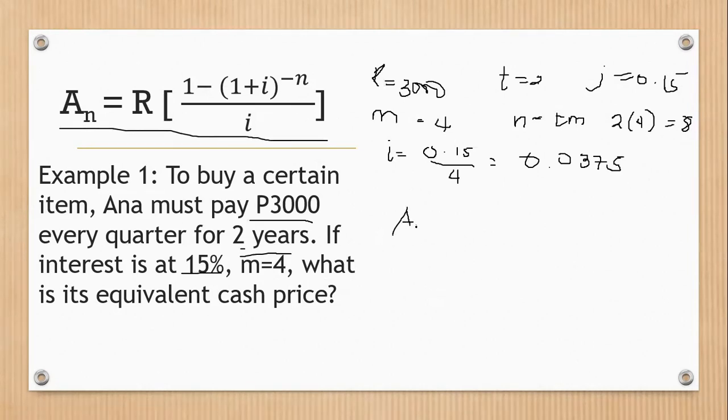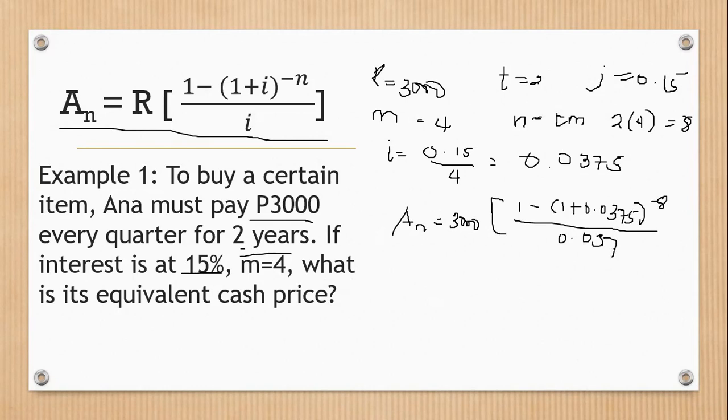A sub n is equal to R. R is 3,000, times the quantity 1 minus the quantity 1 plus i, where i is 0.0375, raised to negative n, where n is 8, divided by our i, which is 0.0375.